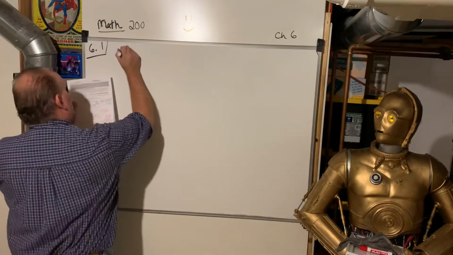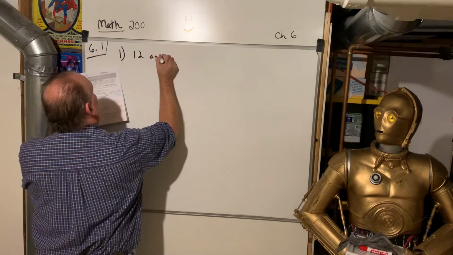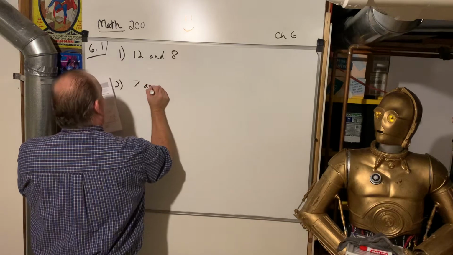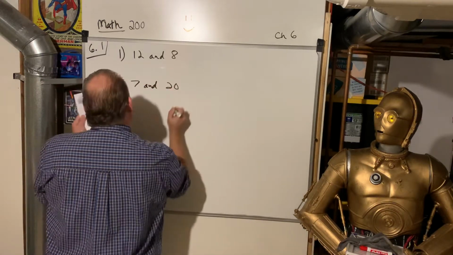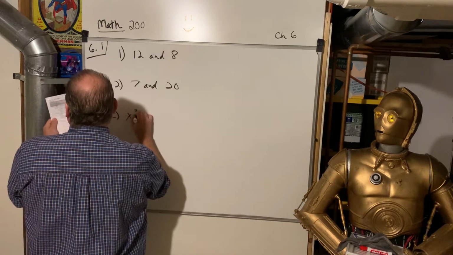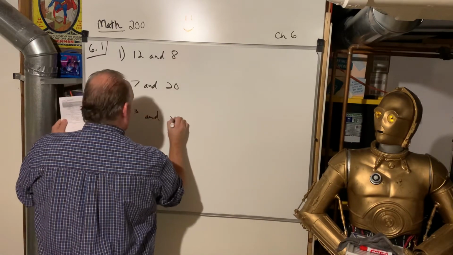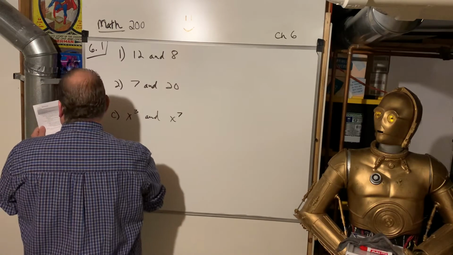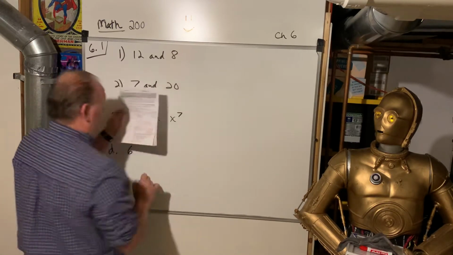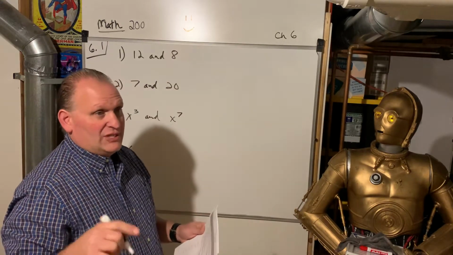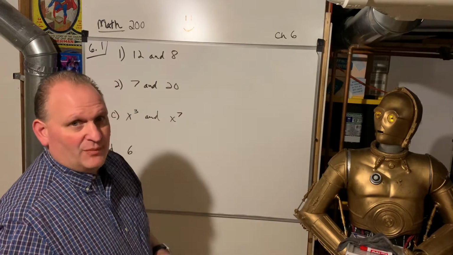So the greatest common factor between two numbers is the largest number that goes into both numbers. You want to not mix that up. Students often mix that up and think of numbers they go into. They're thinking of least common multiple.